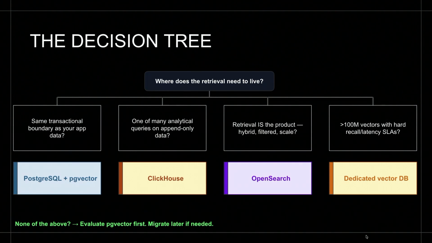And if retrieval is the product and you want hybrid search, then go for OpenSearch. Or if you have more than 100 million vectors or billions of vectors with hard recall or latency SLAs, then go for a dedicated vector database.